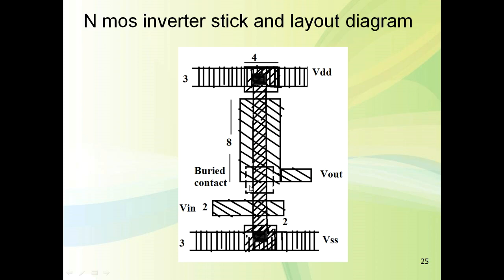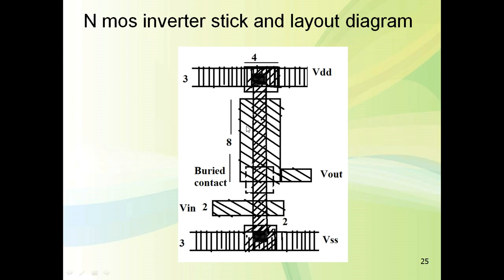The width is 2 lambda and the length is 8 lambda, so 8 lambda divided by 2 lambda is 4:1. This is a depletion mode transistor, and we show it by the implant, which has to extend by 2 lambda on each side of the transistor.